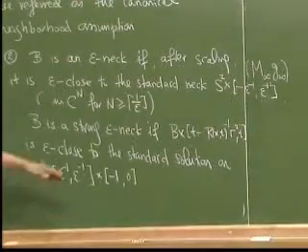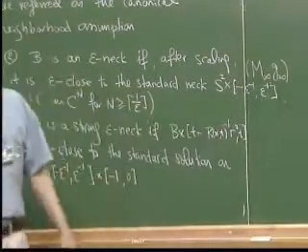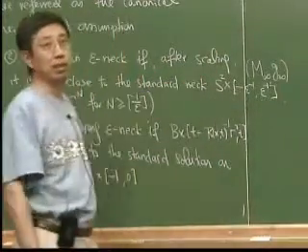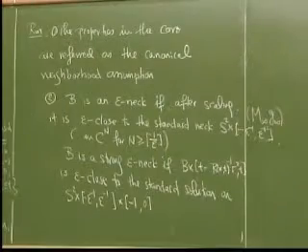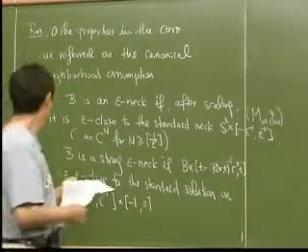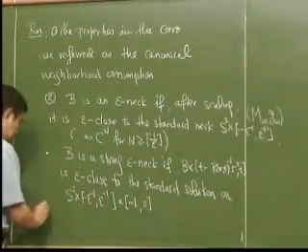After scaling, again, it's after scaling. So here I include the scaling factor here. So if I drop curvature, that means after scaling I did that. So this is a strong epsilon lag.